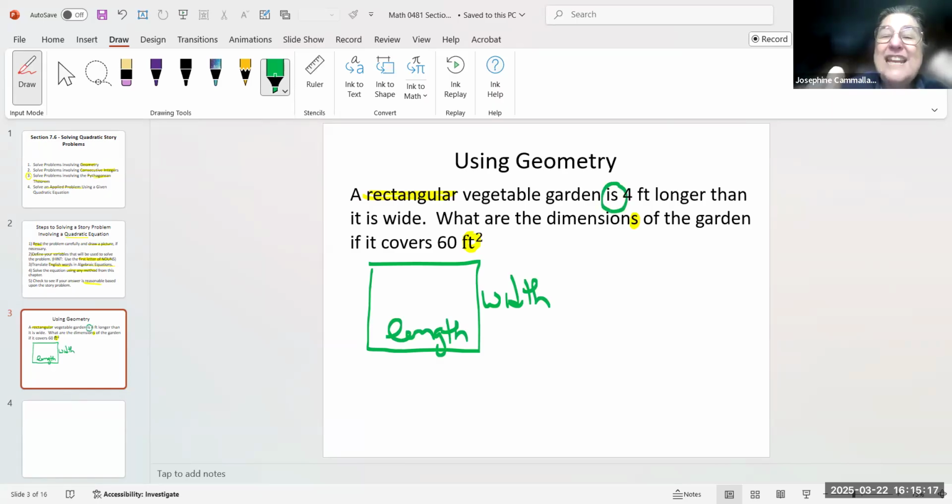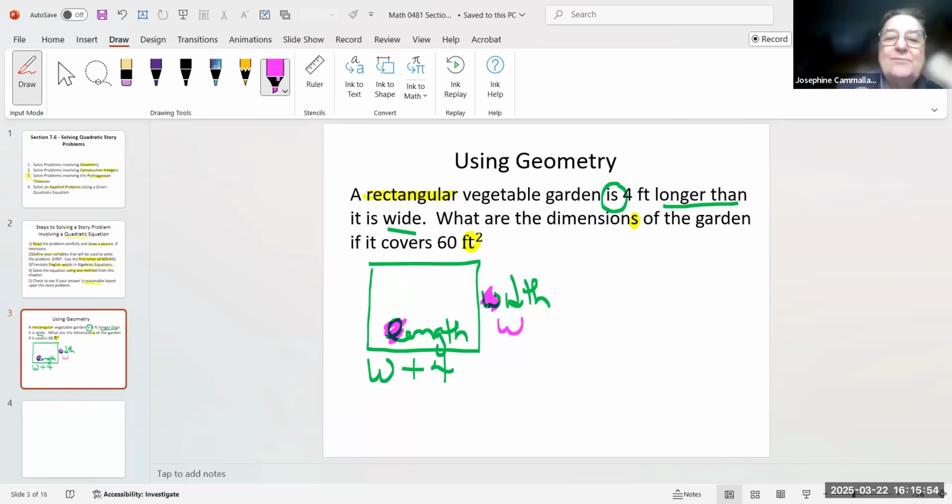The rectangle garden is, well, 4 feet longer than it is wide. 4 feet longer, which means my length is 4 feet longer than the width. And what I'm doing is I'm using L for length, W for width.